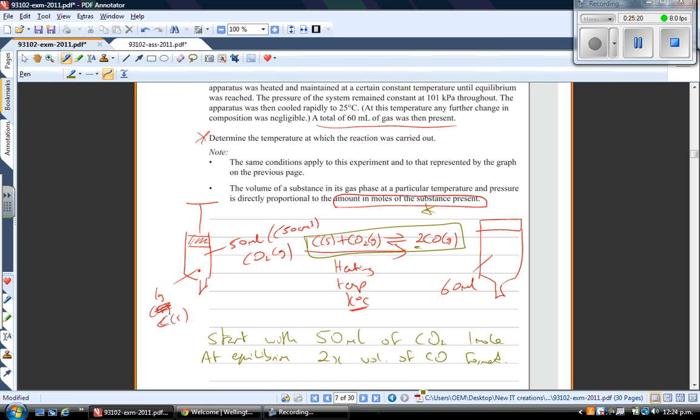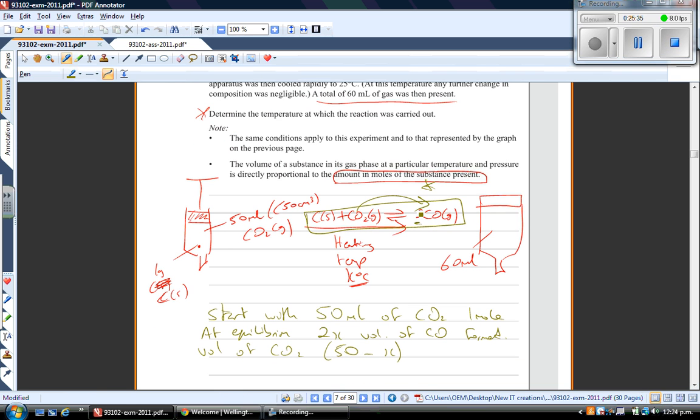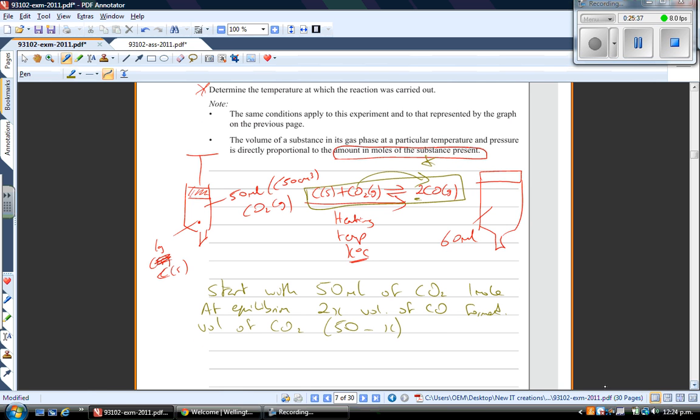And the volume of CO2, we can write an algebraic expression for that. Volume of CO2 is going to be that original 50 minus x, because you're going to use up some of that CO2 to produce your carbon monoxide. So we know the final volume is not going to be 50. So it's 50 minus x. Then the equation becomes 60 ml, which was your final volume.